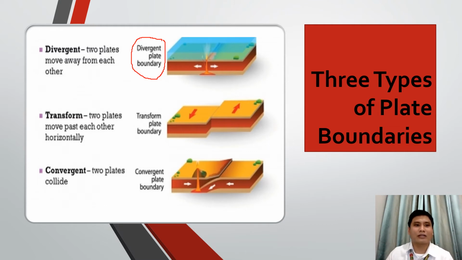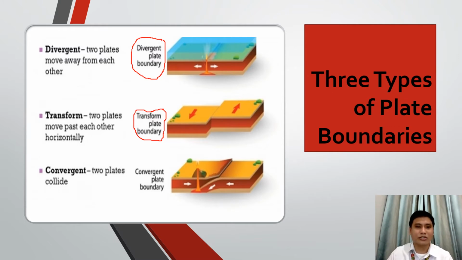For the second one, it is known as a transform plate boundary, or otherwise known as transform fault boundary. In this case, the two plates move past each other horizontally. They slide past each other. So, hindi sila nagbabanggaan or naghihiwalay, nag-slide lang sila sa isa't isa.